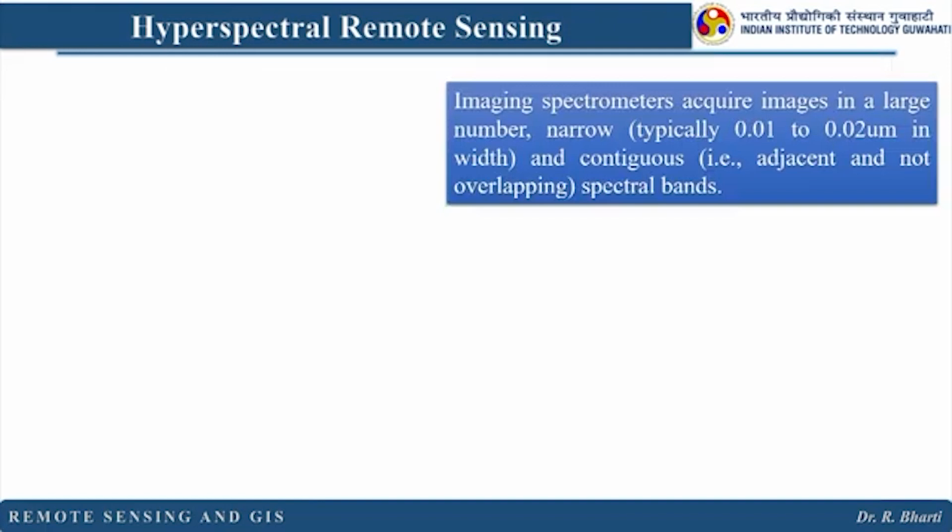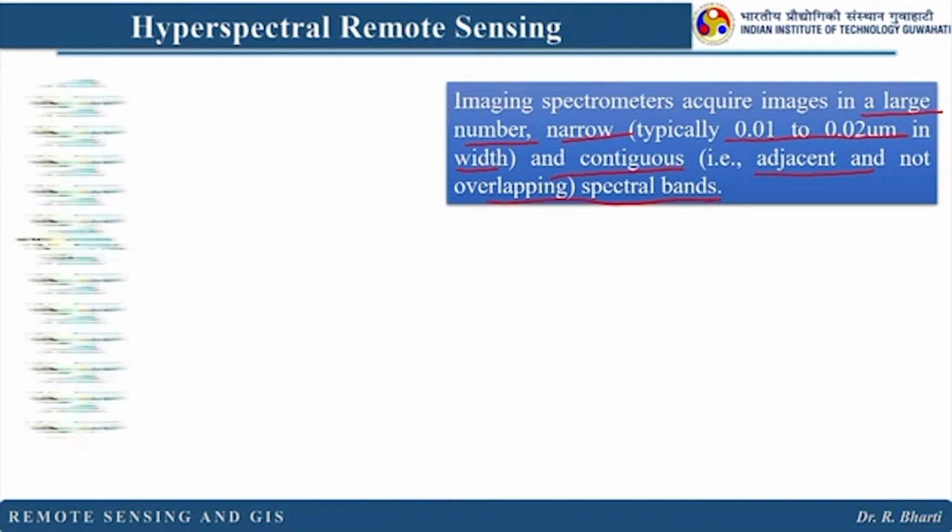Now, here in an imaging spectrometer, what facility do we have? We have many bands, in the order of 100, and narrow means typically 0.01 to 0.02 micrometer in width, that is your bandwidth, and contiguous in nature, that is adjacent and not overlapping spectral bands, right.